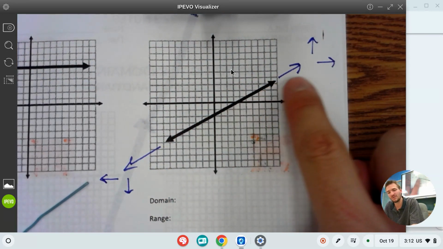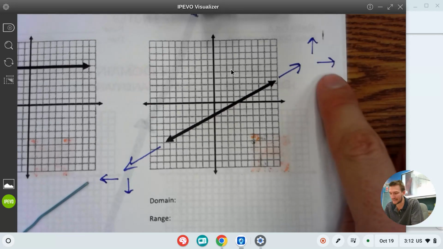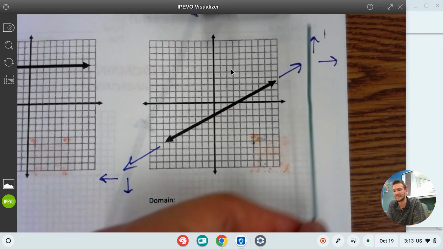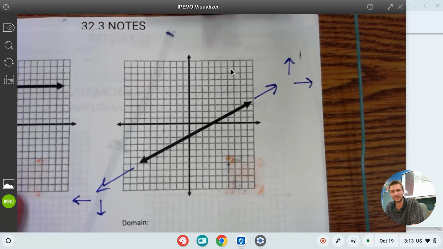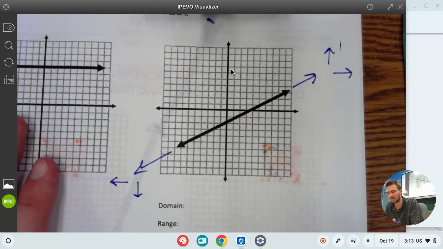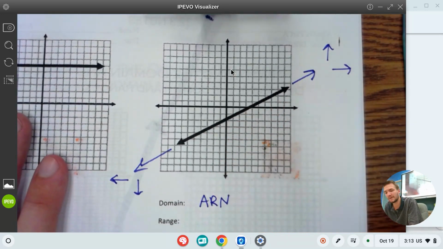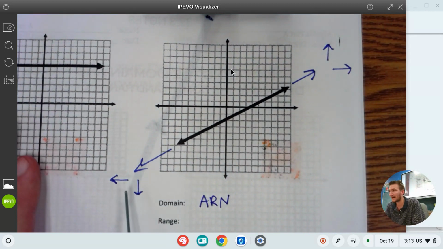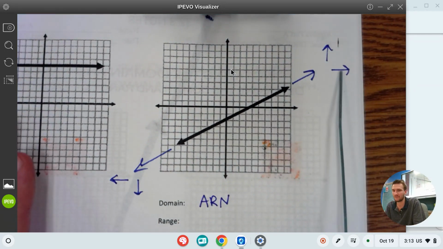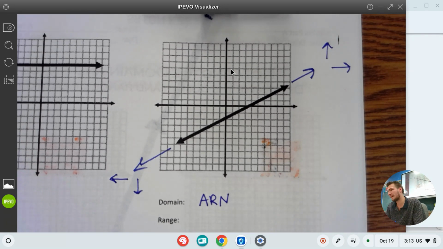Does our graph go to the right forever? Yes. If I go over to 10,000, am I going to find the graph over here? Yes. So what is our domain going to be? All real numbers. Nice job. That's because it goes left forever and because it goes right forever. Now with the U shape, our range was kind of complicated.